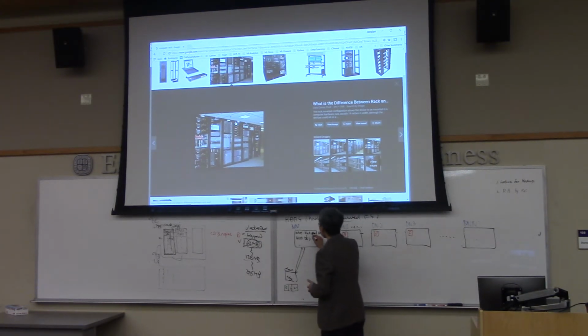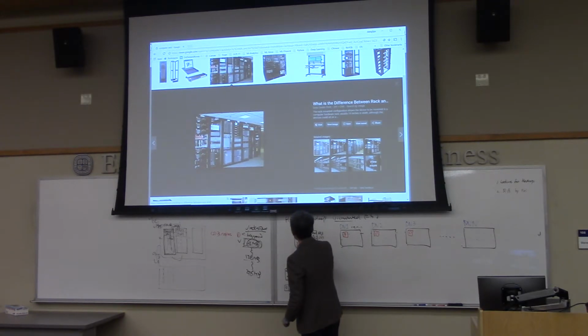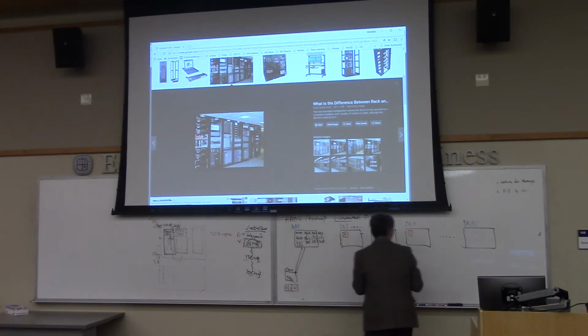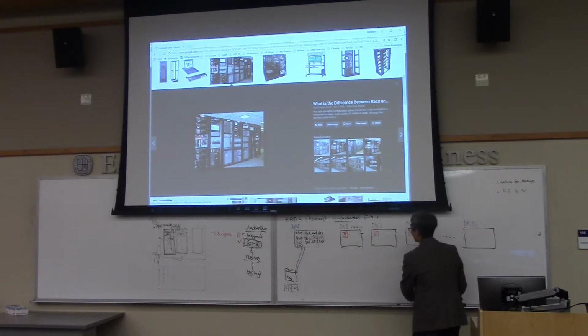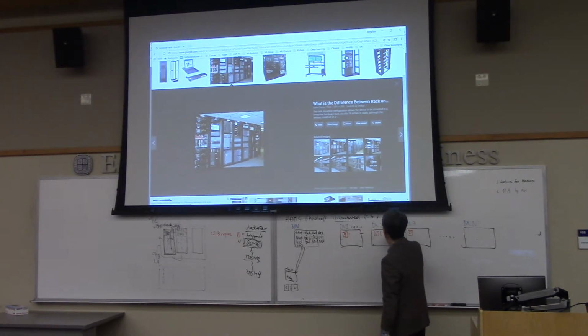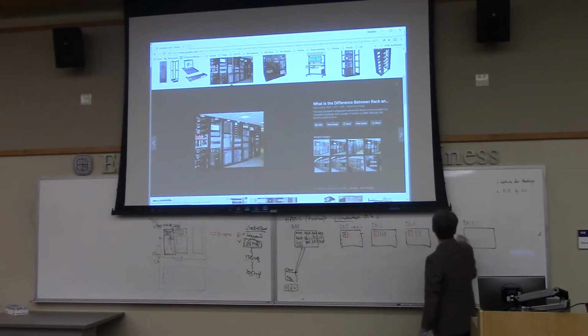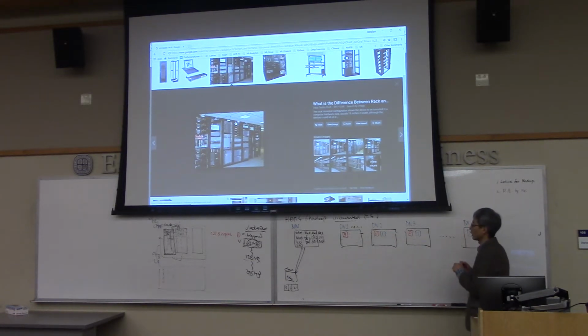Then next, block number 1 and block number 2 will be on data node 2, data node 3, and data node n, which means we have one, and another one, and another one.